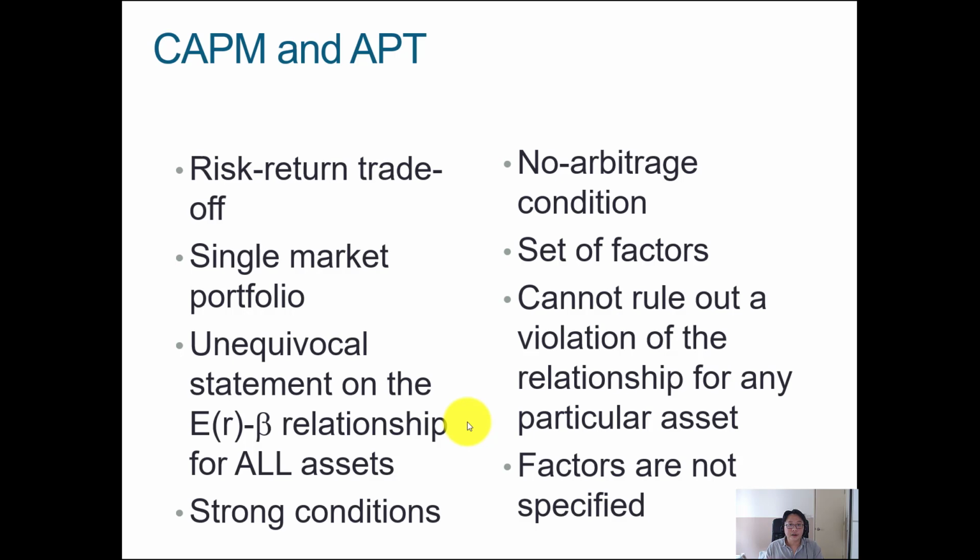It says there is a no-arbitrage condition based on the law of one price. It's not just about a single risk factor, which is the market portfolio, but a set of factors. It also says that you cannot have a violation of the relationship for any particular asset, and that APT doesn't specify a factor at all. It says the factors can be anything, like GDP or unemployment.